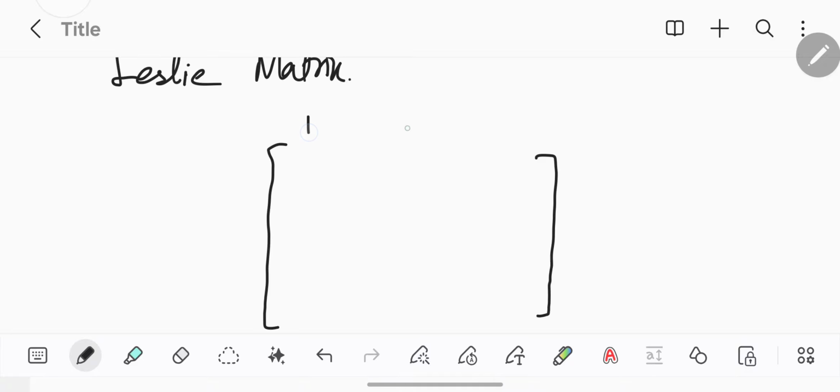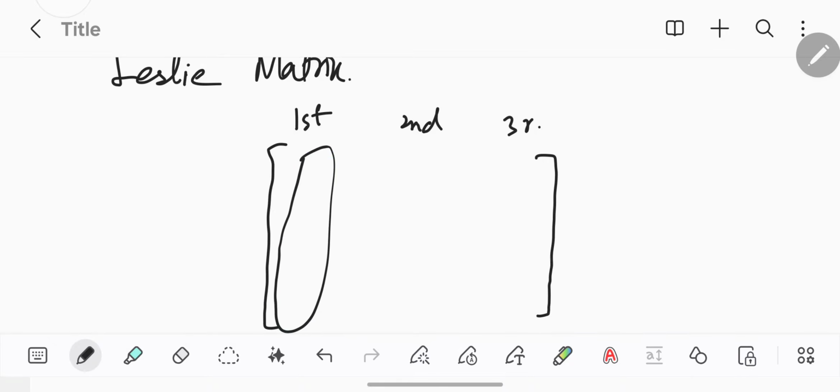This is the first one, this is the second one, and this is the third one. In this column I will write the number of insects present in the first year, from 0 to 1.